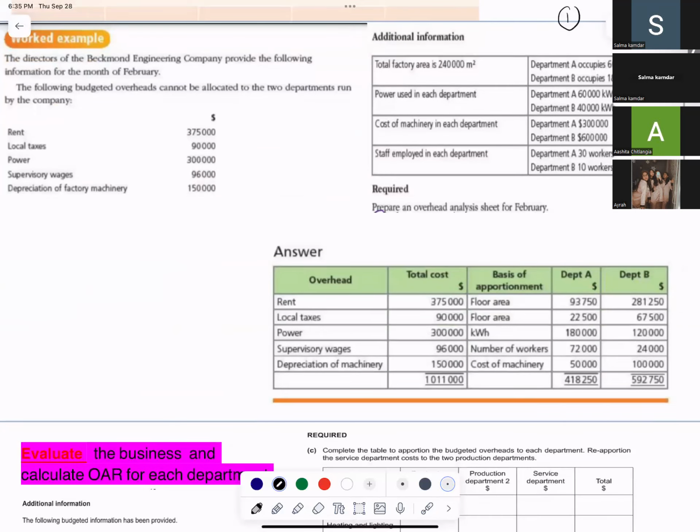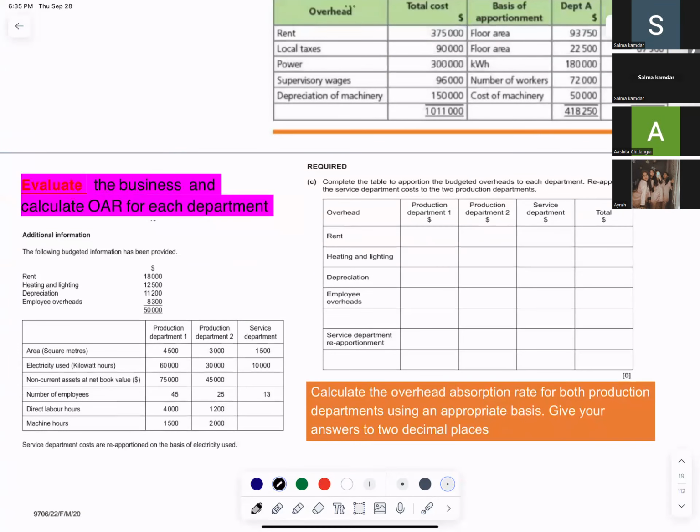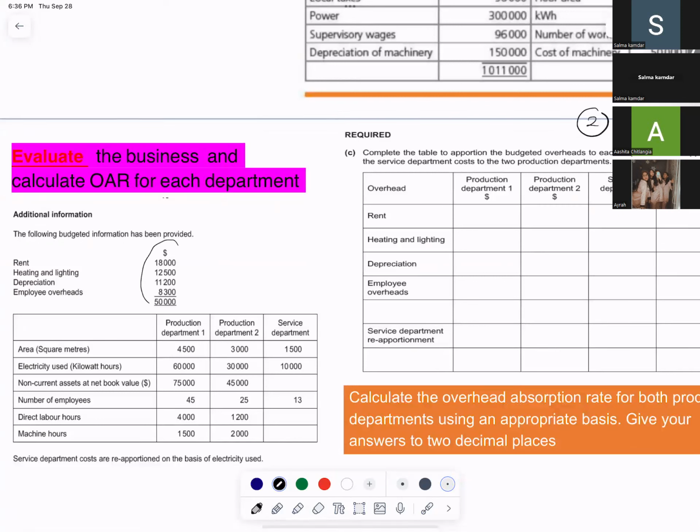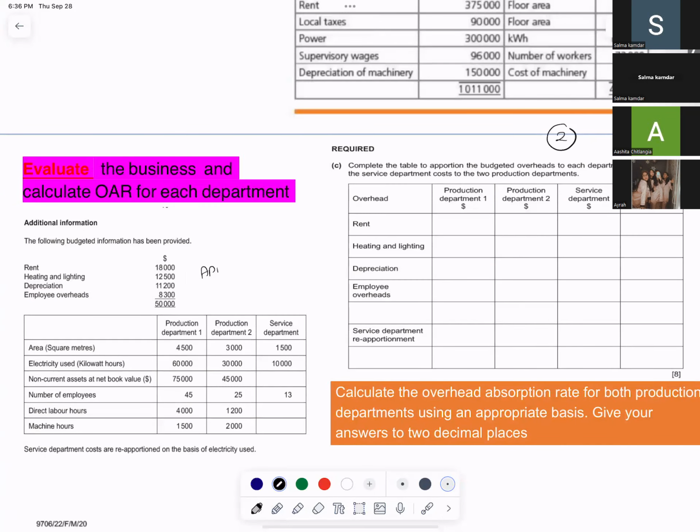Then after that, you will do the second sum, which is also in the booklet if you've printed it. Is there allocation or apportionment of overheads over here? There is apportionment of overheads. The items of expenditure are rent, heating and lighting, depreciation, and employee overheads.